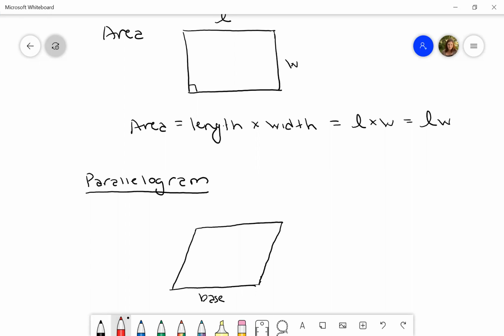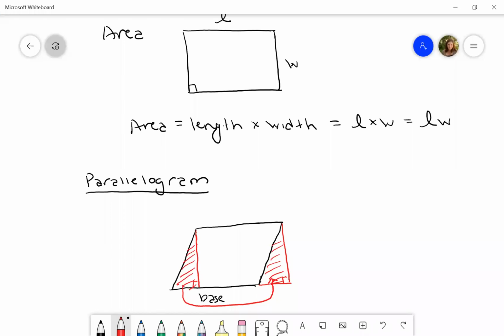Okay. But pretend I wanted to find the area of this. All right. If I knew some information, maybe kind of using our trick from before, I can make a right triangle here, which I also could make right here. In fact, this right triangle is the exact same as this right triangle. And if I were to take this right triangle and move it over here, that would look like a rectangle.